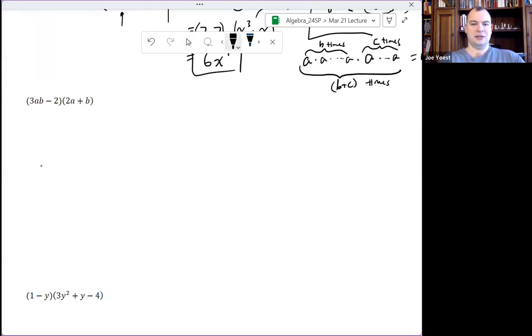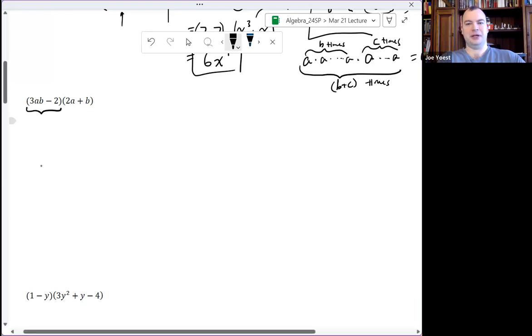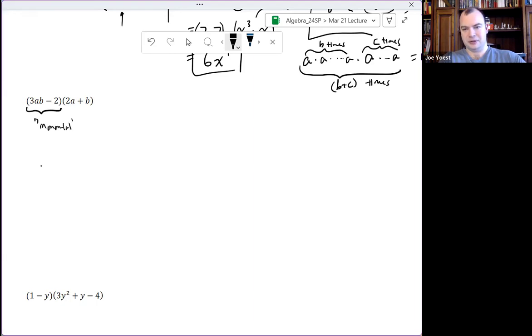Okay, so let's look at this one. And since we did the last one with the FOIL method, let's do this one with the distributive property. And remember, the way that I do a distributive property in this kind of context is I think of this almost as if it's a monomial, as if it's one thing.